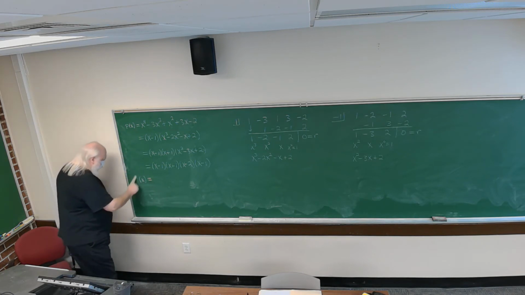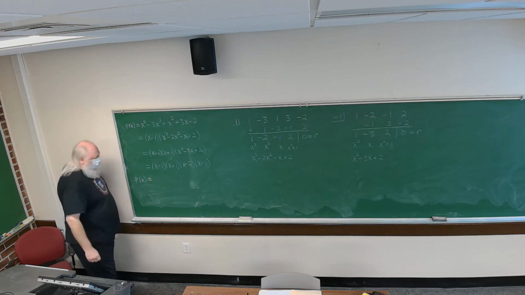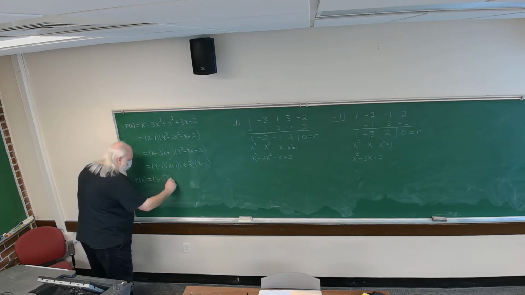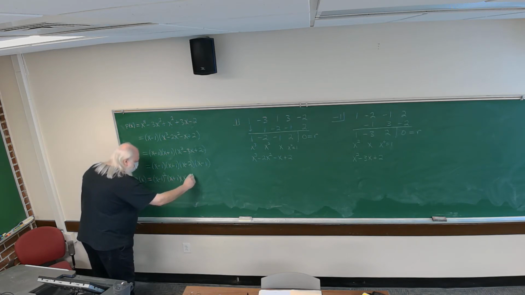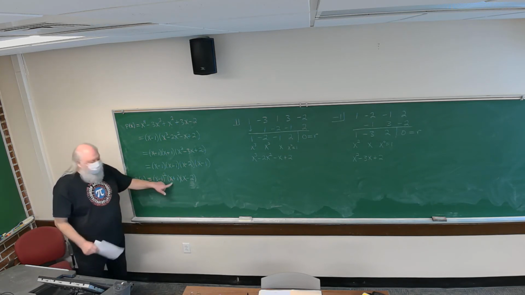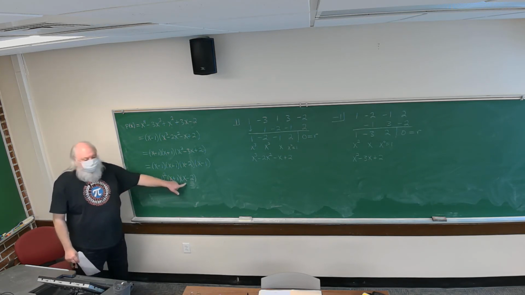So P of x factors into x minus 1 squared times x plus 1 times x minus 2. Right? We already know 1 and minus 2 are zeros. What's the third zero?